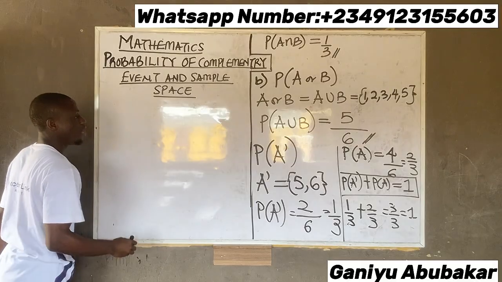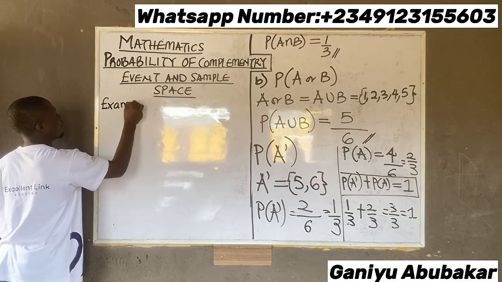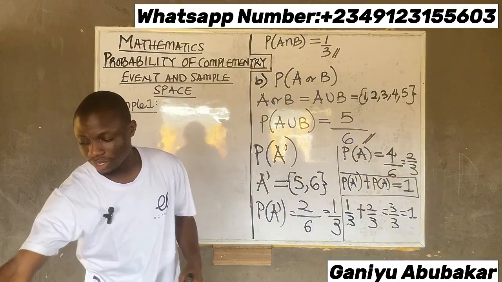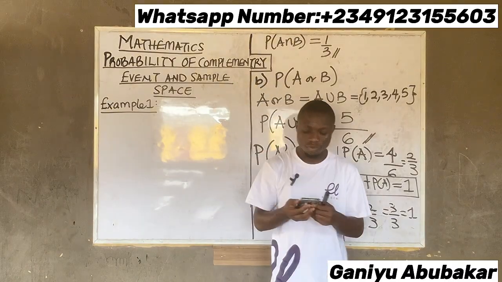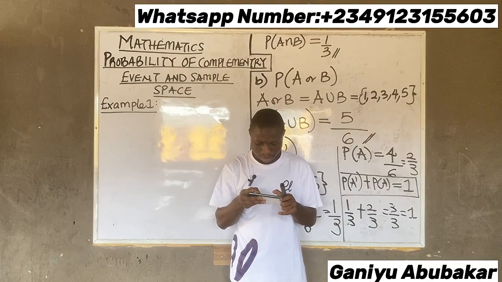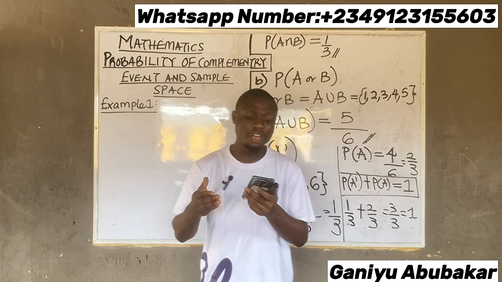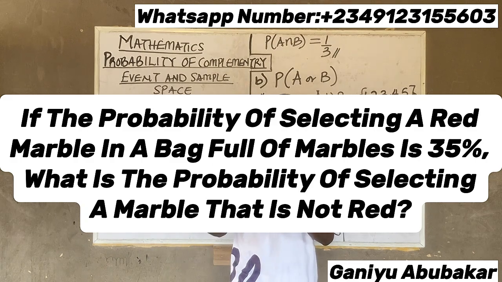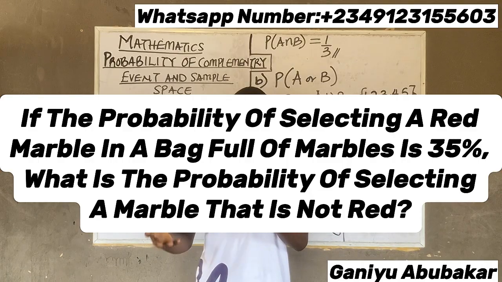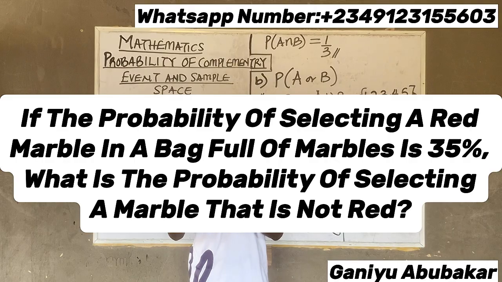Okay, example 1. It says: if the probability of selecting a red marble in a bag full of marbles is 35%, what is the probability of selecting a marble that is not red?